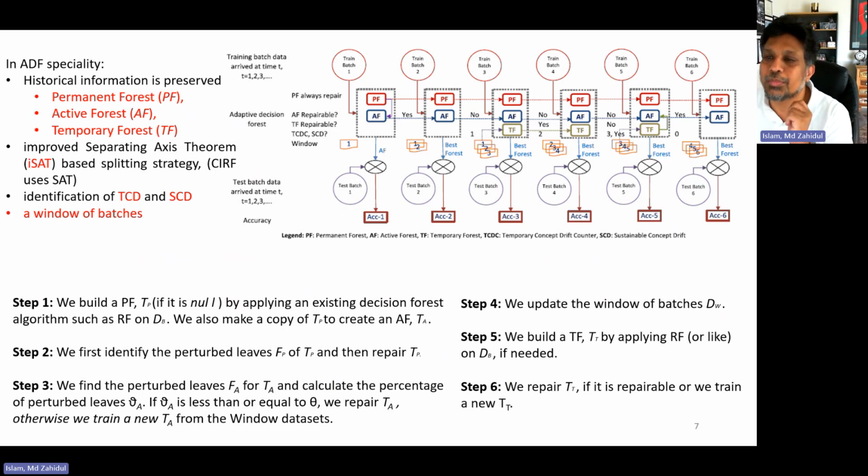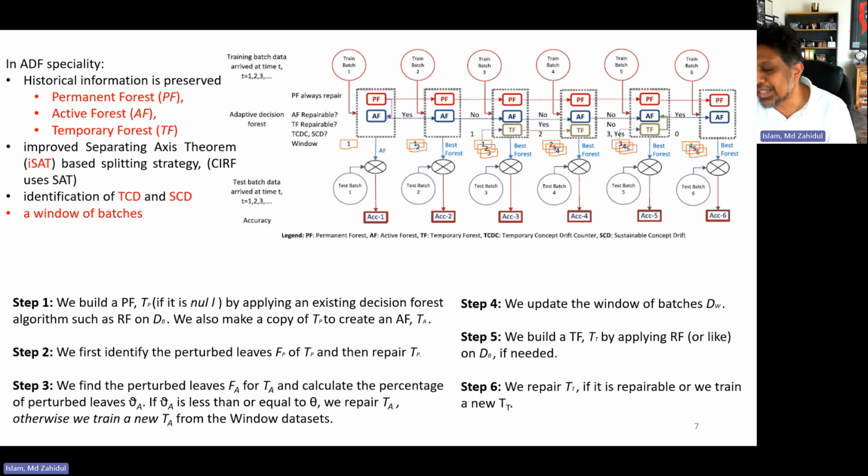So here is a concept we use: sustainable concept drift. We use two concepts called temporary concept drift and sustainable concept drift. Temporary concept drift is, for example, when the data pattern or underlying distribution has changed due to some special event. It's not a continuing concept drift. It just happened.